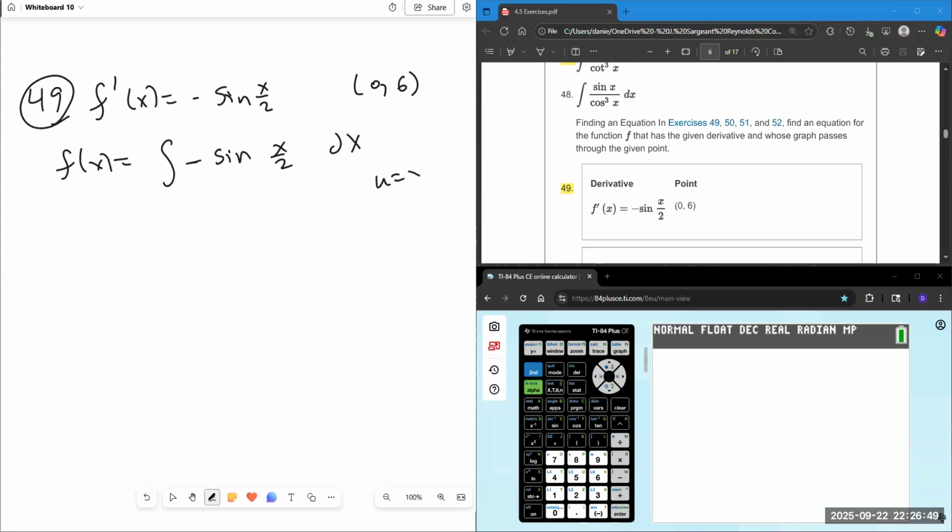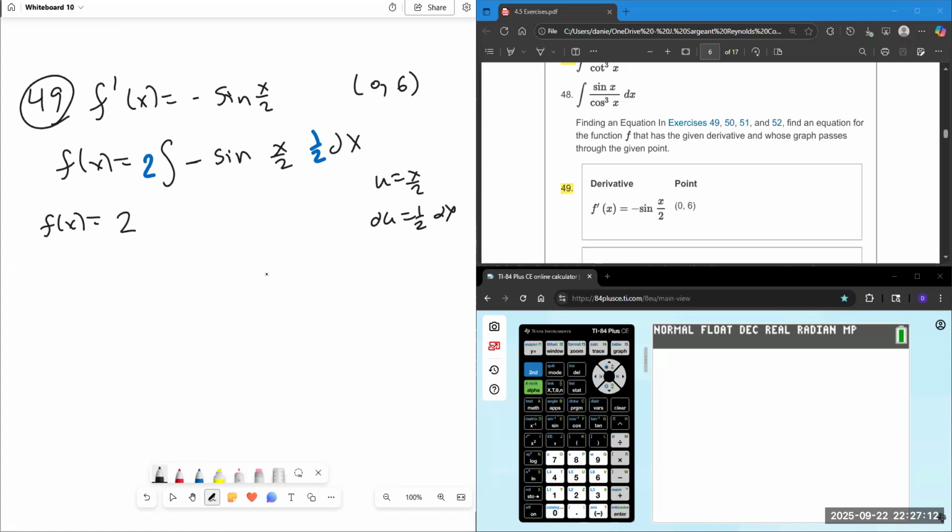U is equal to x over 2, du is 1/2 dx. So 1/2 on the inside, 2 on the outside. F of x is equal to, this negative can stay right there.